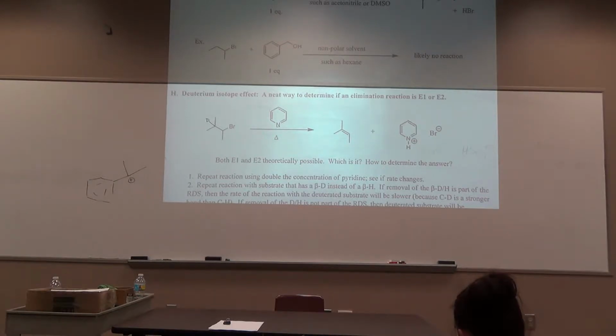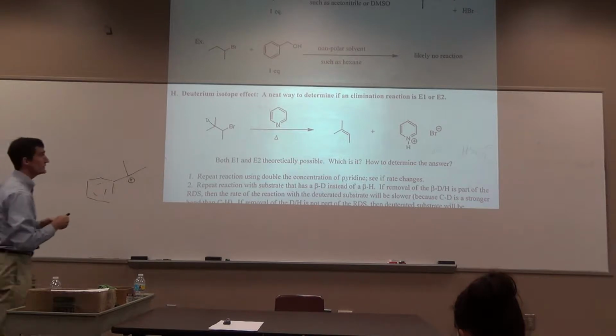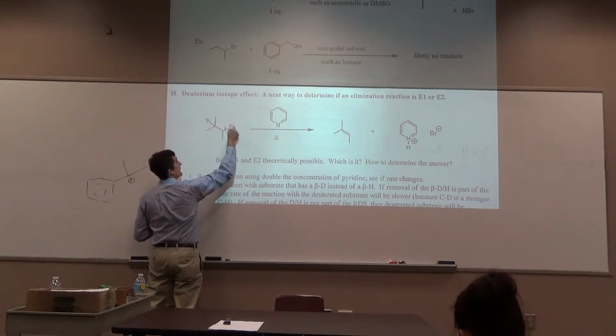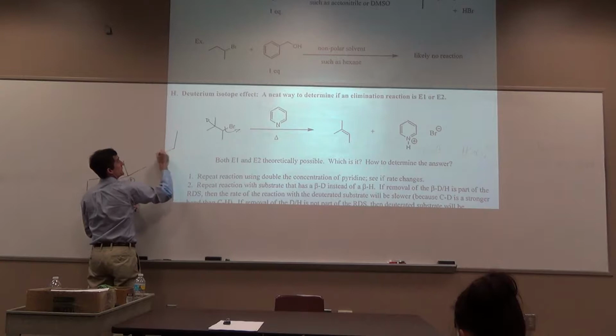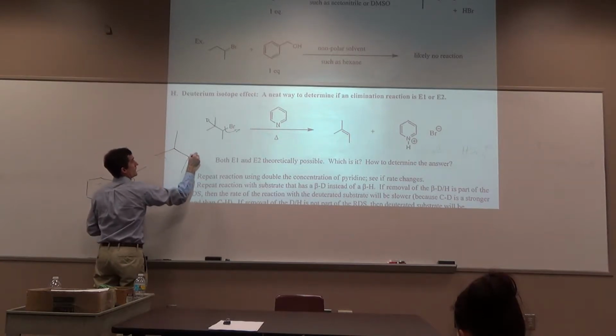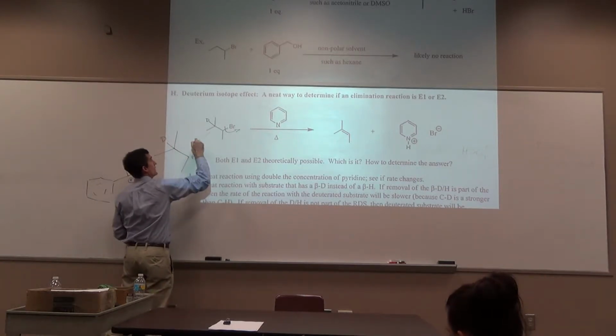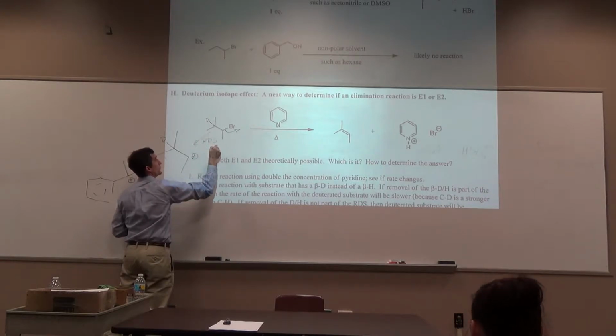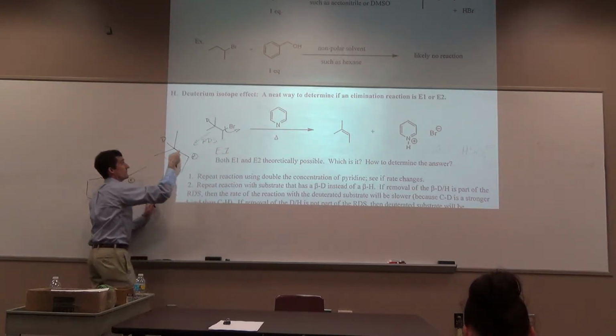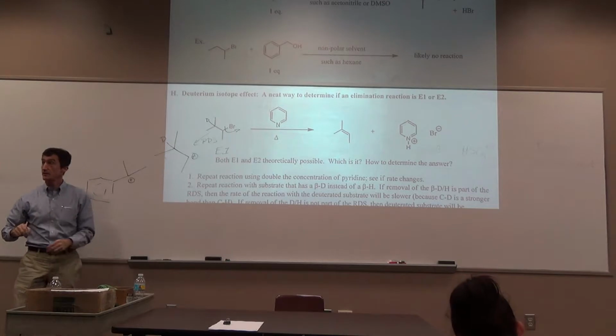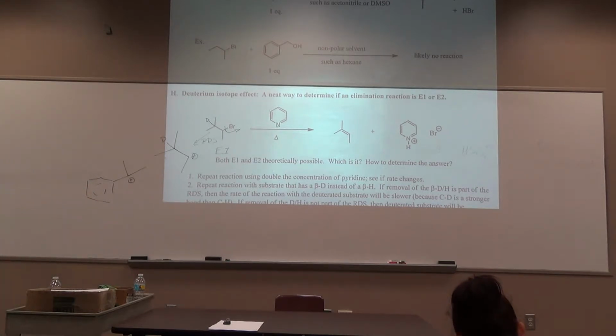If you put a D on there and the rate remains the same, that means it's more likely E1. If it's E1, what's the rate determining step? Same as an SN1, forming the carbocation. That's your rate determining step for E1. Did we break the C-D bond in that rate determining step? No. So having a D there shouldn't influence the rate.